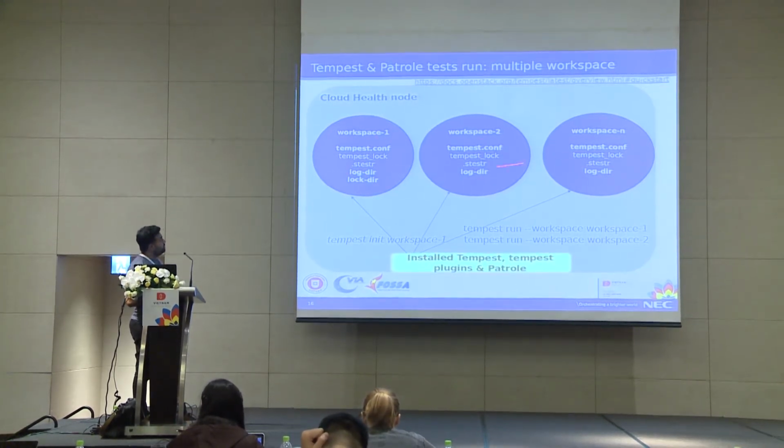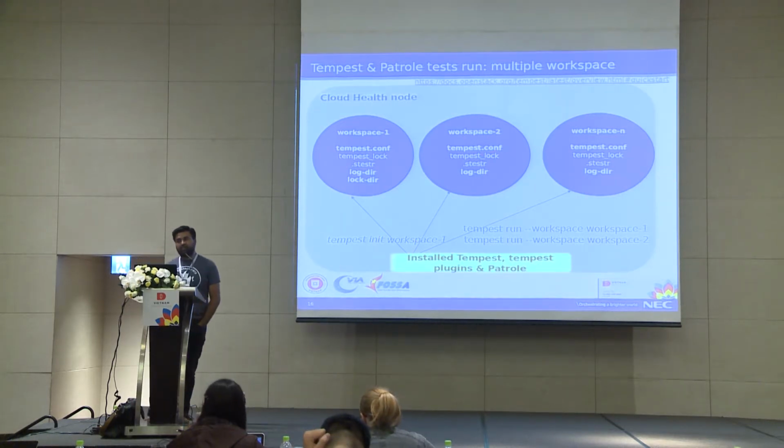So every workspace has its own different set of files. So this tempest conf you can override with a different configuration. Each Tempest plugin or Patrole will be installed in your workspace and you can run the workspace.